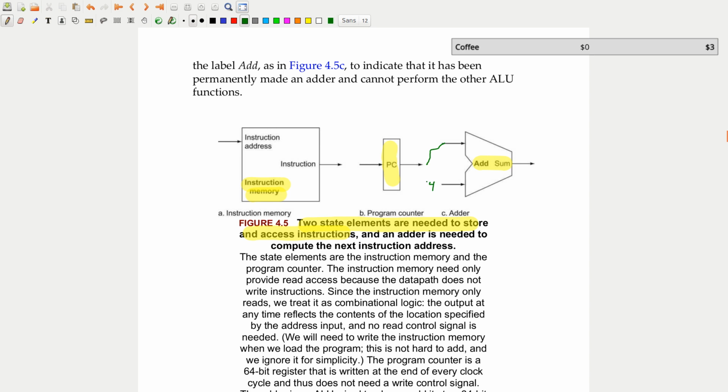If we're talking about something very simple, we may just put a constant 4 in here, and this will be fed back to the program counter so that we cycle to the next instruction on the next cycle. So this is the most simple way that we can think about a program counter and how we would actually fetch instructions and then decode them.